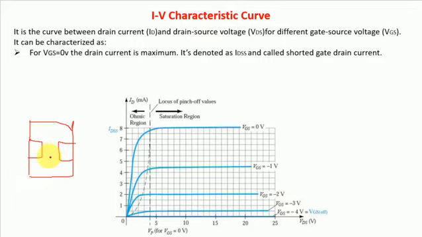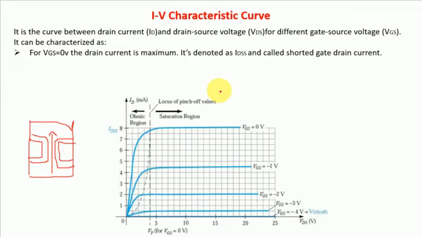Why? Because a depletion layer is taking place over here, and it will interrupt the flow of electrons, and due to this the output current, that is our ID, will be at its minimum value.